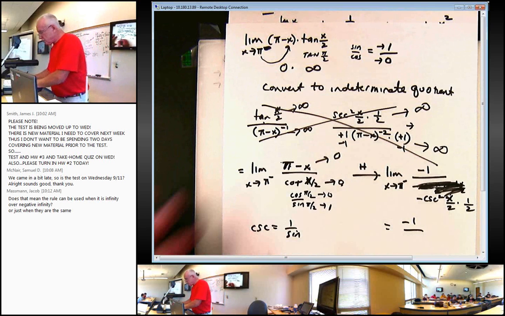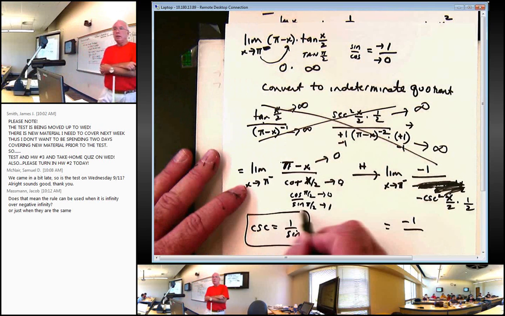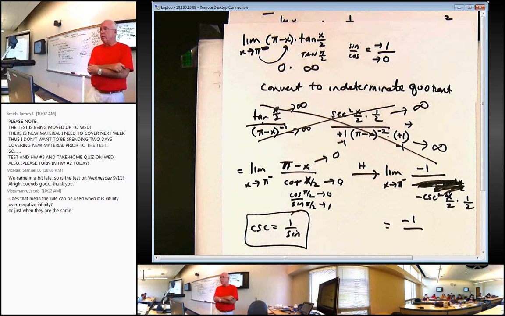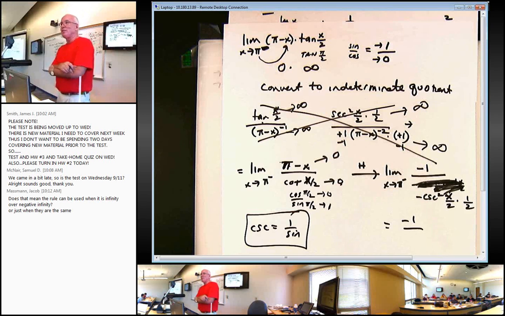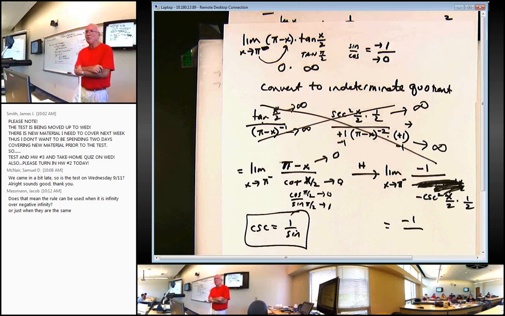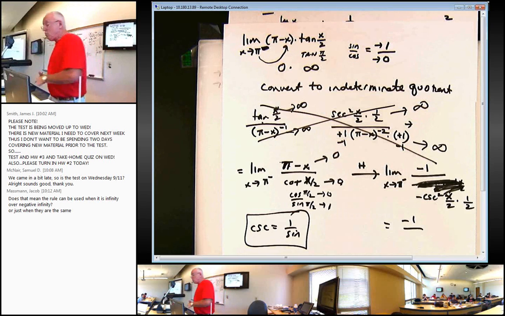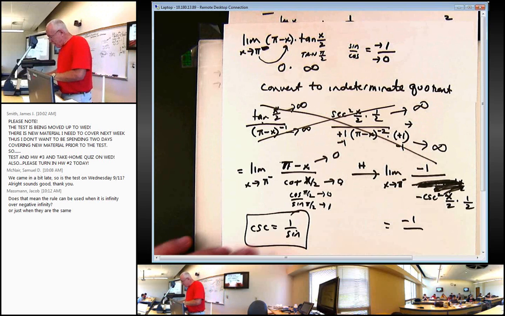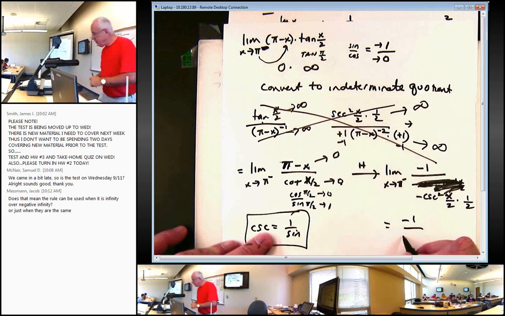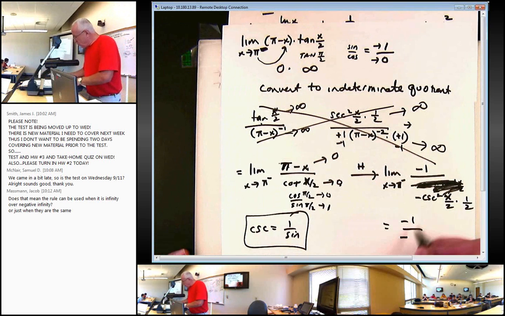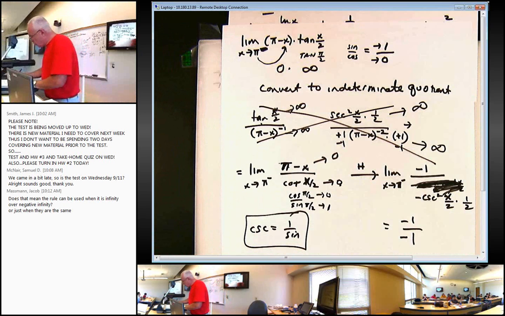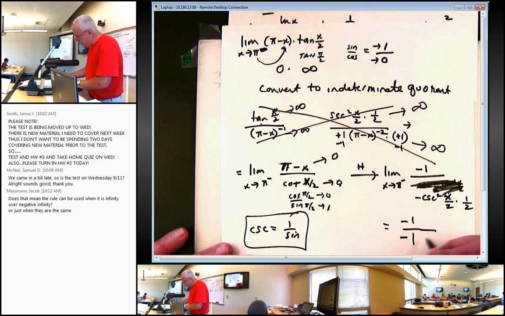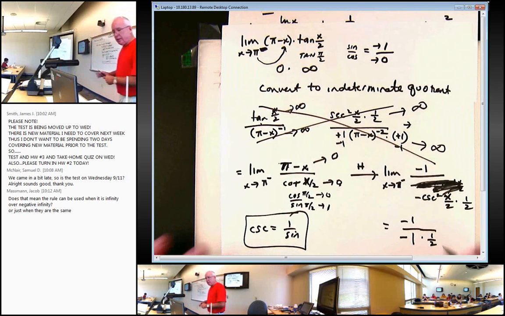Remember my tricky little crazy sounding thing that I used to remember? Cosecant starts with a hard sound and sine starts with a softer sound to remember that they're reciprocals of each other. Whatever works, all right? So this bottom part, negative cosecant squared of pi over 2, is going to end up being 1 times 1. And then, don't forget, we have a 1/2 also over here.